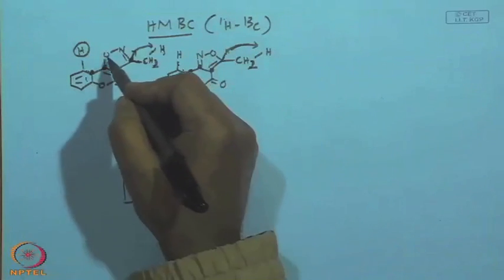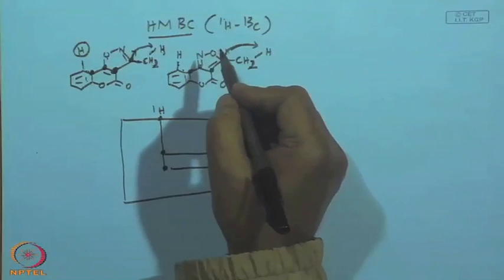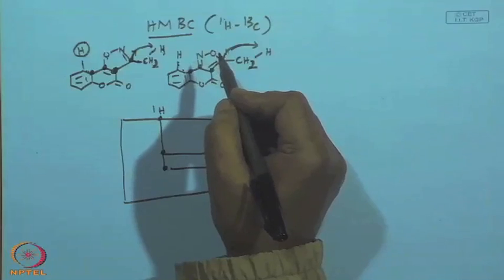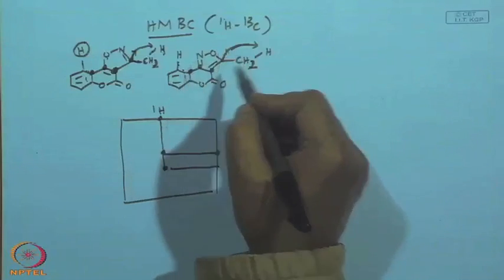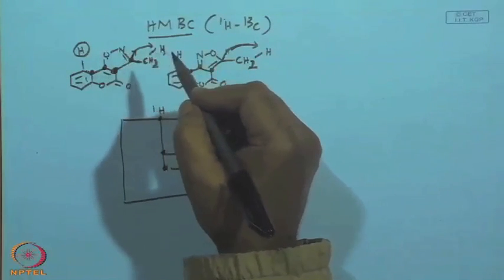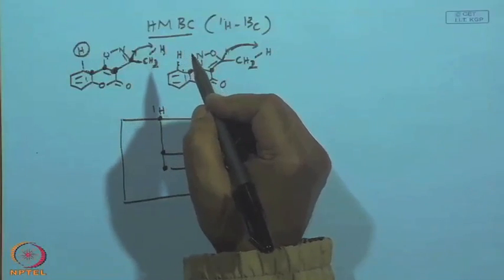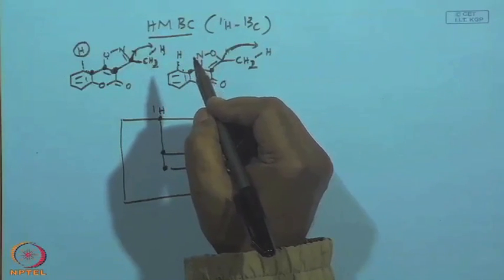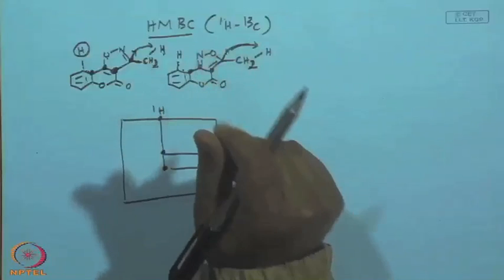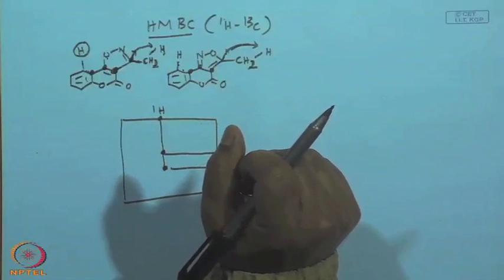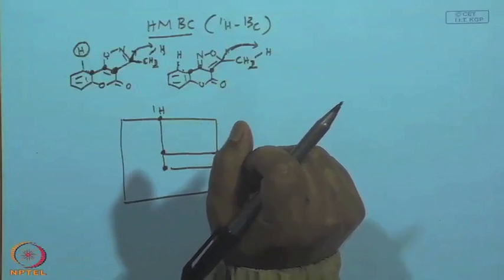Mind it, here you have oxygen, here you have nitrogen. It is very difficult to distinguish chemical shift-wise, because both are electronegative, both are aromatic systems. So, it is kind of difficult. You have to have something which would be unambiguous. So, what should we do? Okay, let us see.